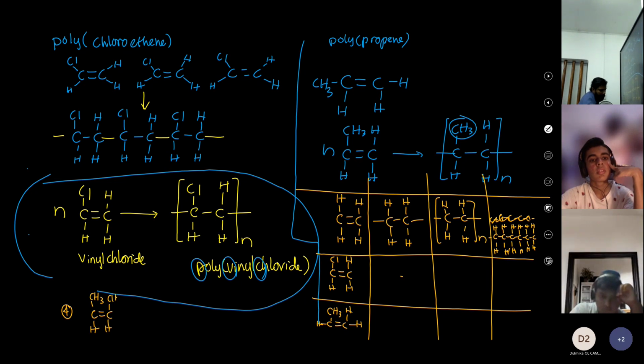Fifth one, tetrafluoroethene. How many boxes are there down here? 1, 2, 3, 4, 5, 6. Right, last one, kind of a tricky one.